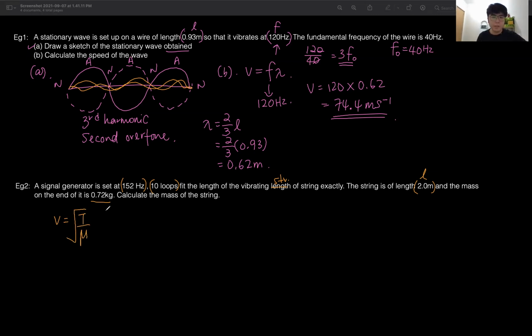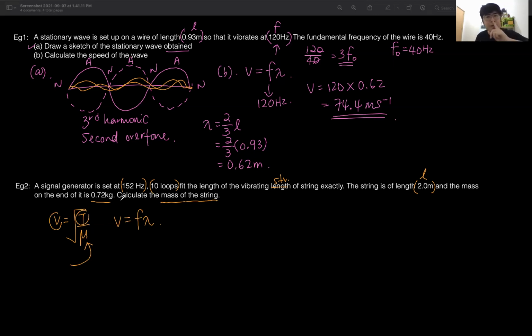And I also know velocity, or speed, equals f lambda. Now, if you want to calculate the mass of the string, you need to know this one. So all I need to do is find the V and the T. The T is already given. Then I can find the mu.